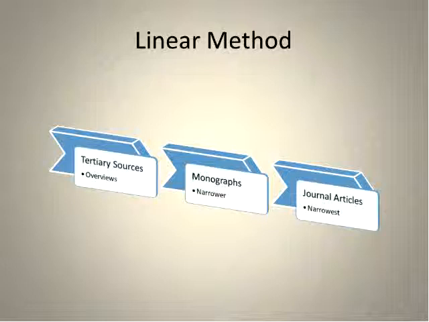It's better to use primary sources in history, but nevertheless, the tertiary sources will probably turn you on to some of the monographic sources. Some of your direct searching will turn you on to monographic sources as well. Those are narrower than those reference book sources like encyclopedias and other tertiary sources.